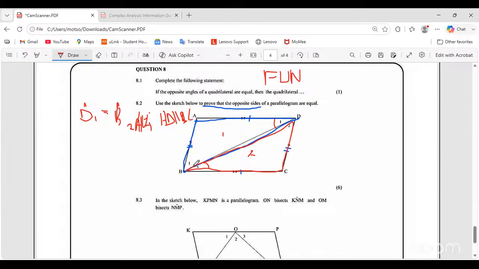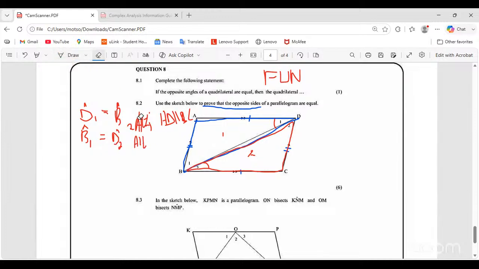Now we go for B1 is going to be equal to D2, okay? And not just B1, but angle B1 is equal to angle D2. Okay, what is the reason behind that? Alternate angles.